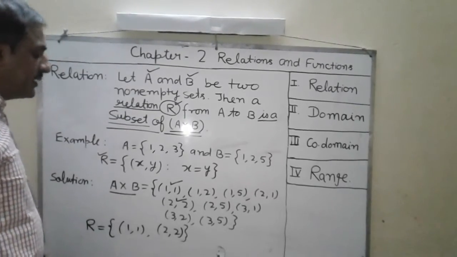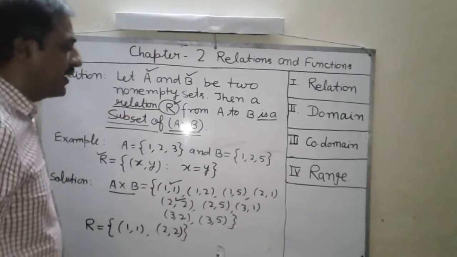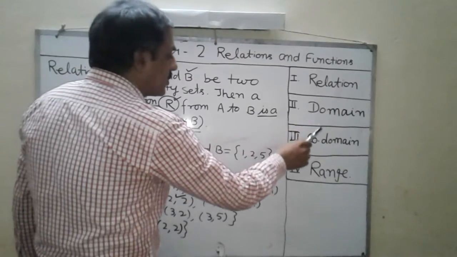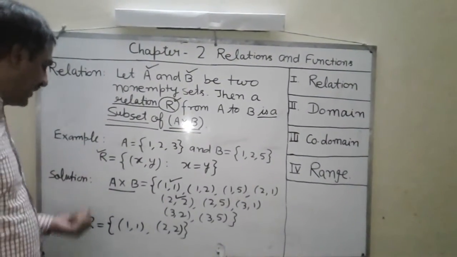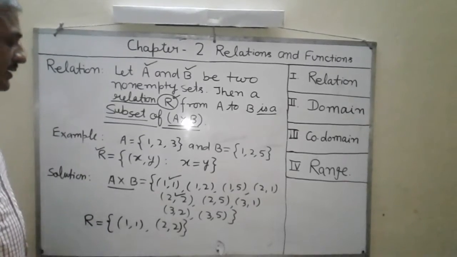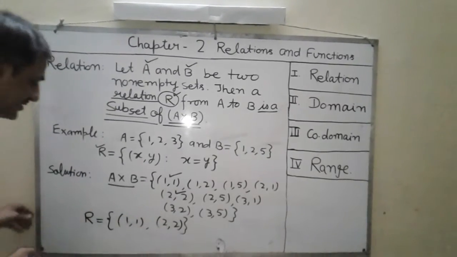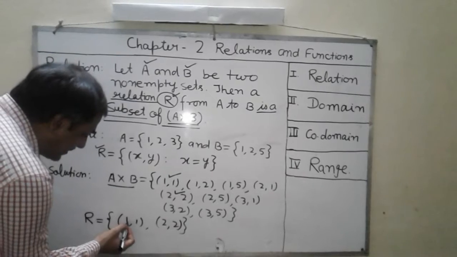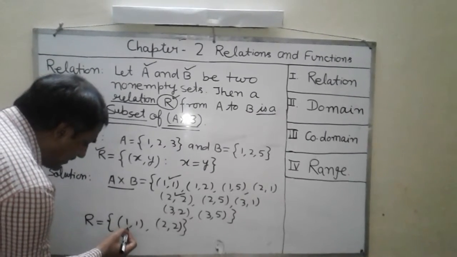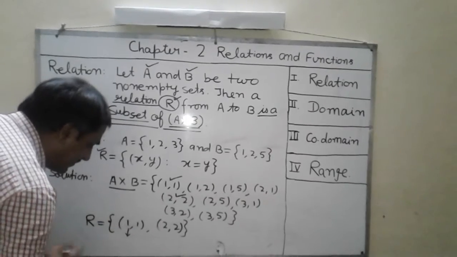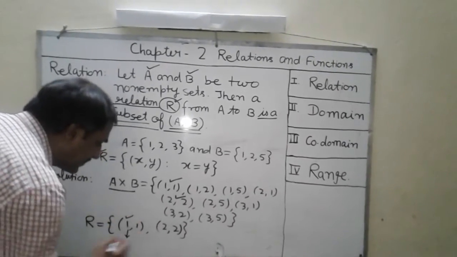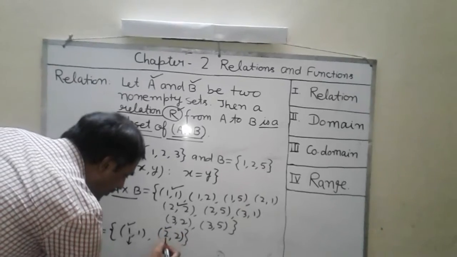Now I am coming to the next point: domain, codomain and range. What is the domain of a relation? The first element of each ordered pair is the domain of the relation. 1 is in the domain and 2 is also in the domain.